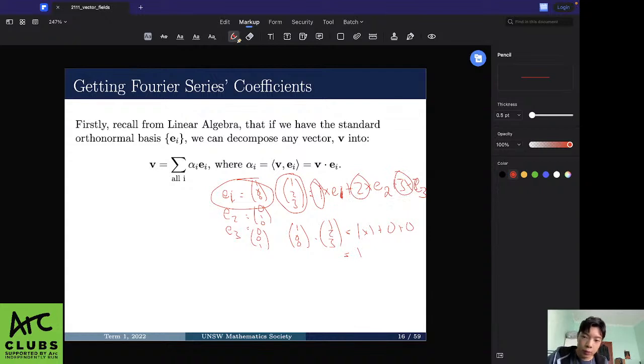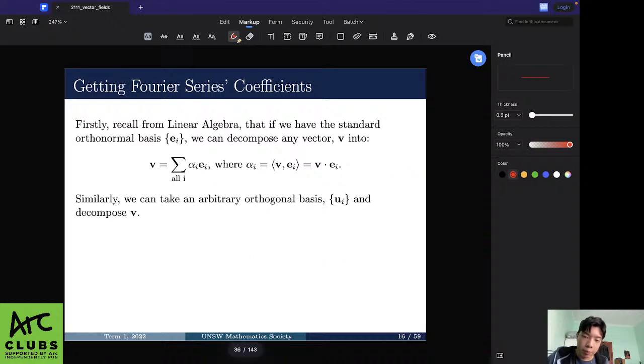But let's say that we weren't working with these orthonormal bases, and instead we were working with a more general orthogonal basis. So what we were actually doing is, maybe given an axis and a vector, we were seeing how much does this vector go in this direction.